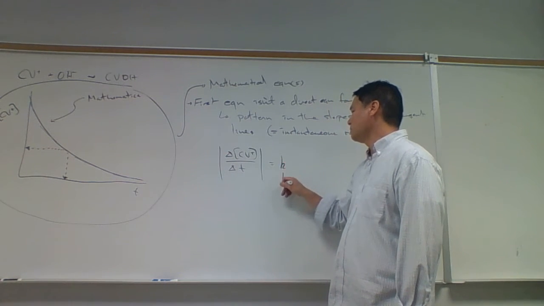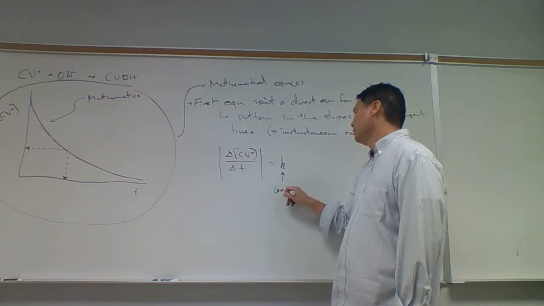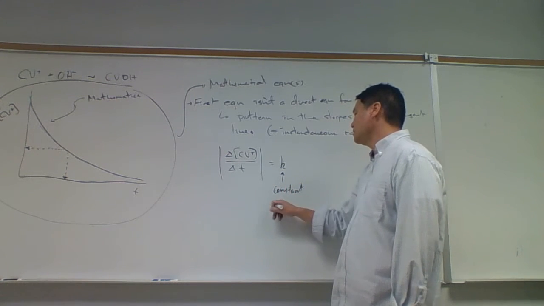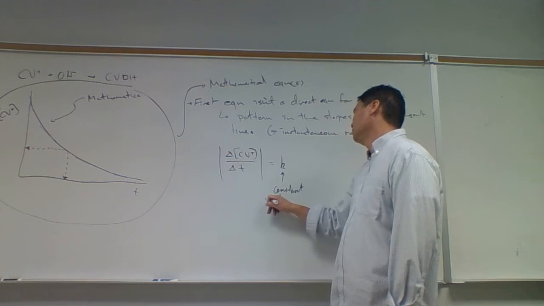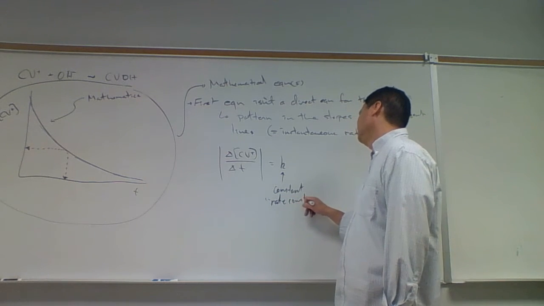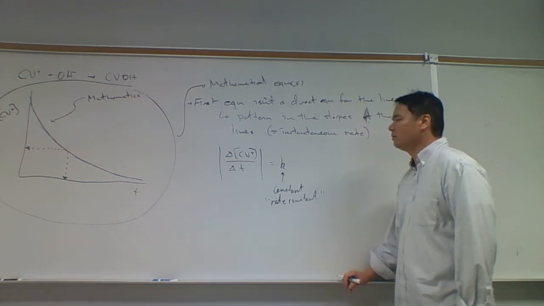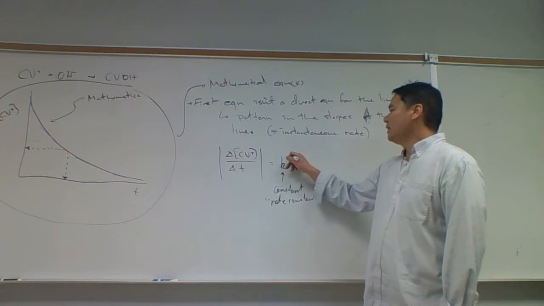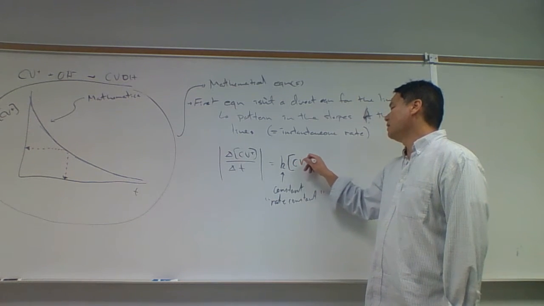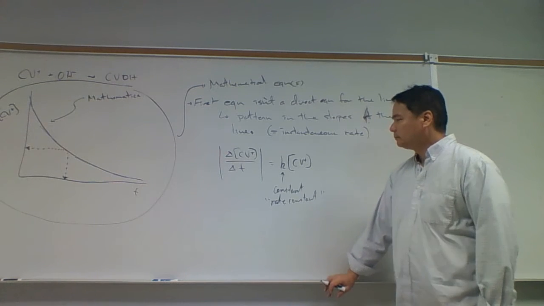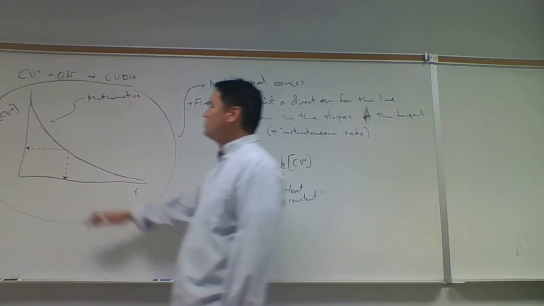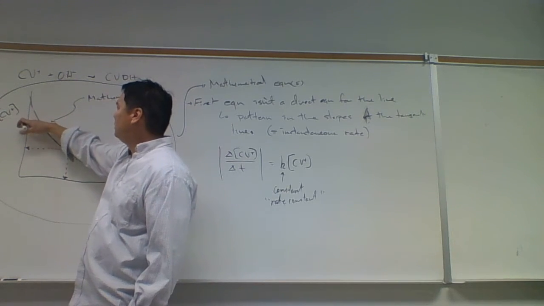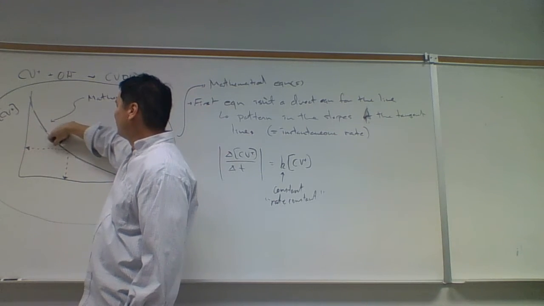There's going to be a constant, which we call little k. That's a constant, and this constant is named the rate constant. You just get it from the graph. And then it's going to depend on the crystal violet concentration. Because as the crystal violet concentration decreases, what happens to the slope or the rate?